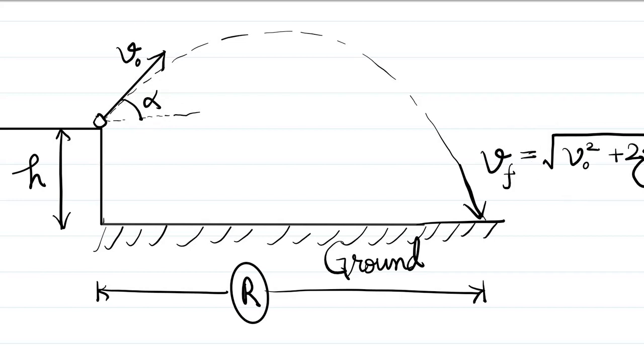So now let us use some vectors in this projectile motion. We have the horizontal component of velocity something like this, and this horizontal component is just the horizontal projection of the given velocity v0. The horizontal component of velocity is going to be v0 cos alpha. The vertical component of velocity is going to be v0 sin alpha.